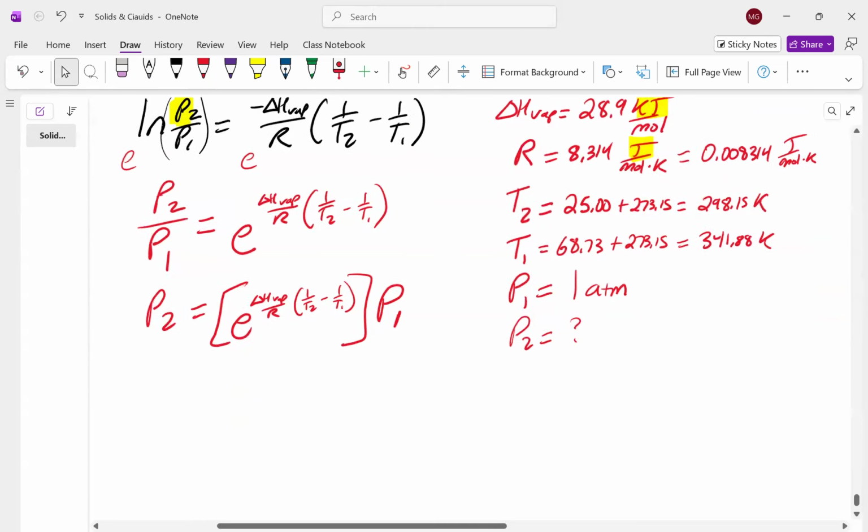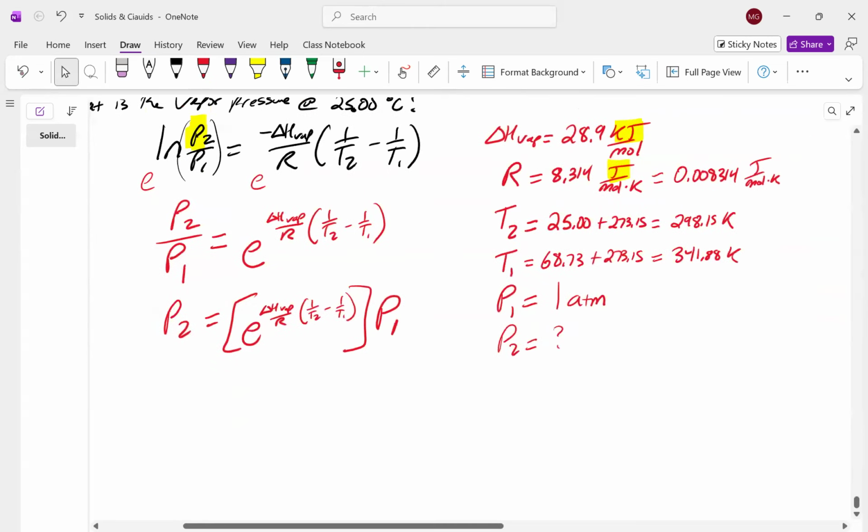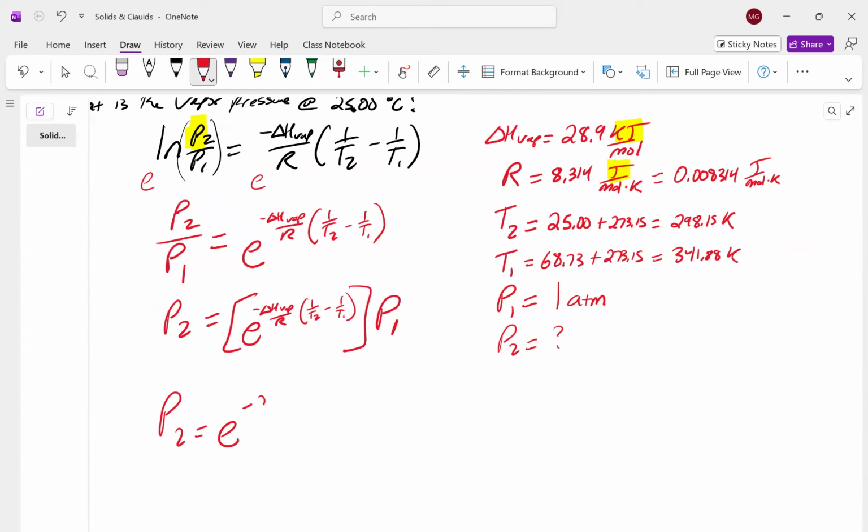All right, so let's plug all of this in. So our delta H vaporization, we're getting the negative sign there. So negative, and then we have 28.9 divided by our R value, 0.008314, times 1 over T2 minus 1 over T1.